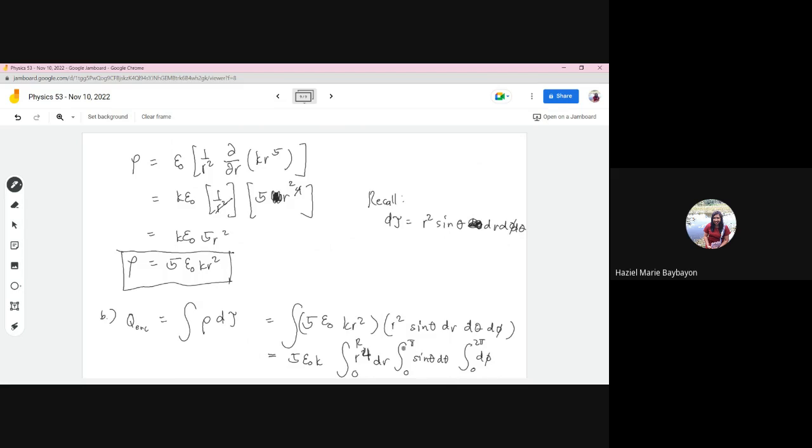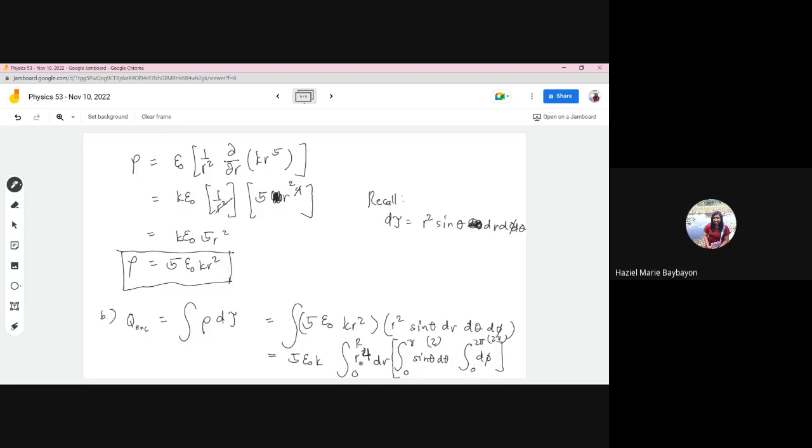So actually, we know the integral of this already. This is equal to 4 pi. Right? 4 pi, no? So this is 2 pi multiplied by 2. This is actually the solid angle, what it is called in higher electromagnetics.